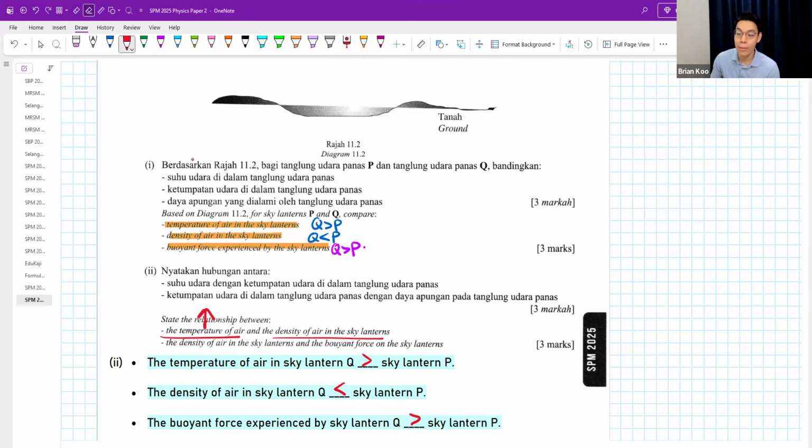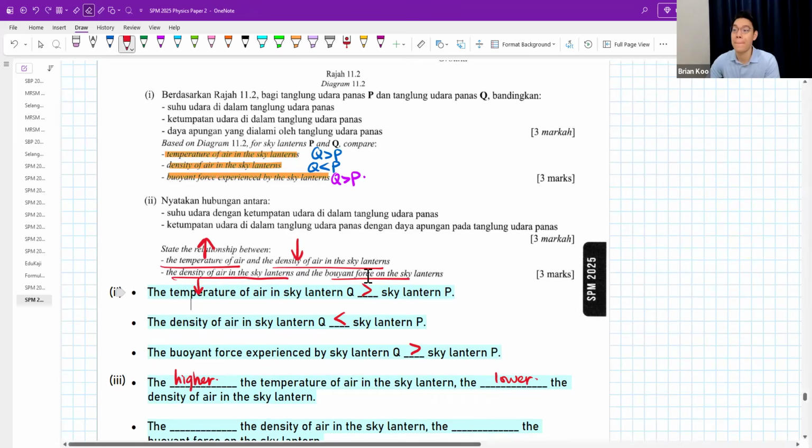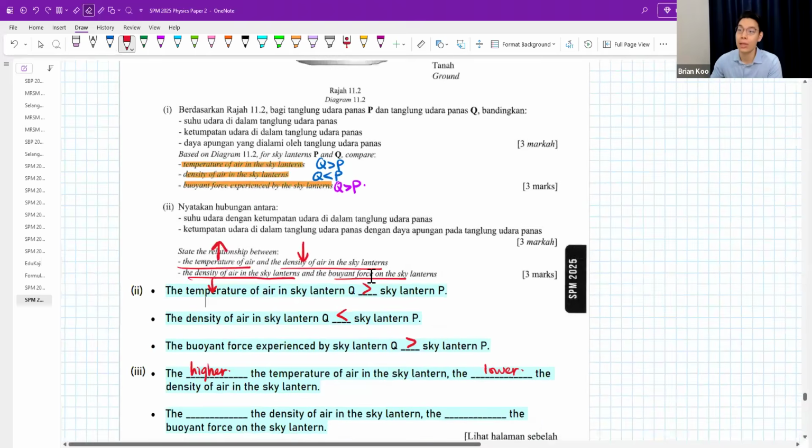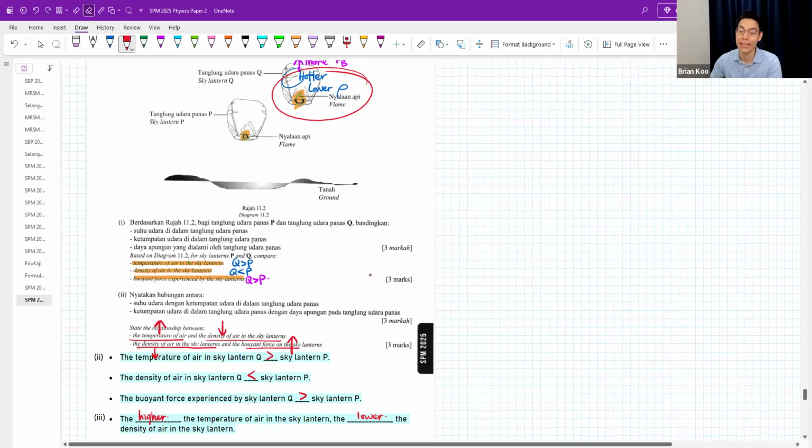Okay. State the relationship between temperature of air and density. When it is hot, high temperature, density will be low. Yeah, hot air is always low dense. The greater, the smaller. Or the higher the temperature, the lower the density. Can. And then another one, density of air in sky lantern and buoyant force. If the density of air in the sky lantern is lower, yeah, inside here is lower density, then buoyant force will be higher.